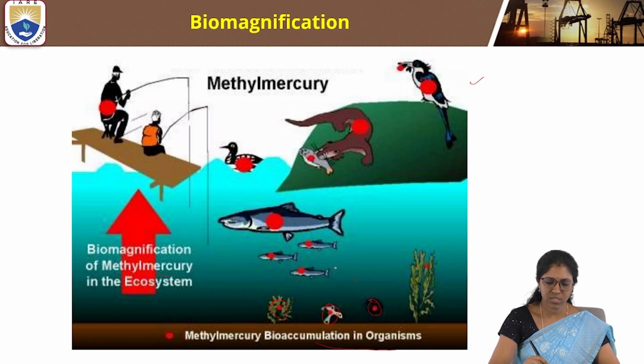These producers are consumed by small fishes, small fishes are consumed by large fishes, and finally these large fishes are consumed by predators like humans, animals, and birds. If we see this diagram, the concentration of methyl mercury is increasing from bottom to top. So this is the biomagnification of methyl mercury in aquatic life.